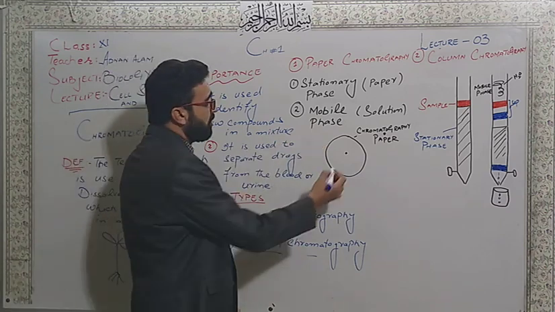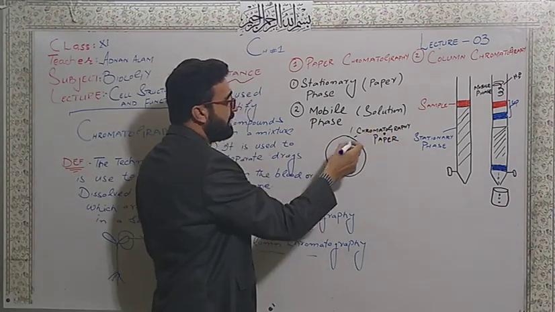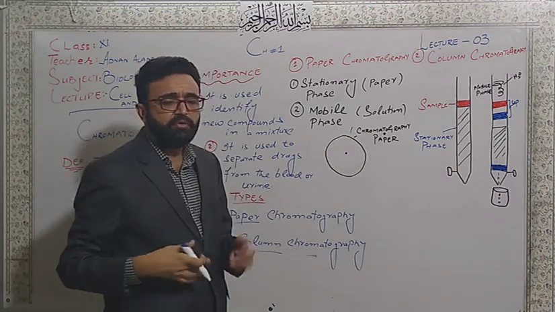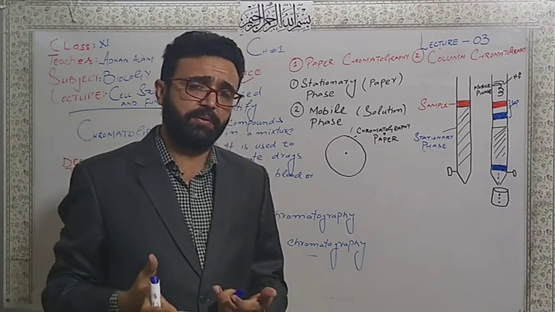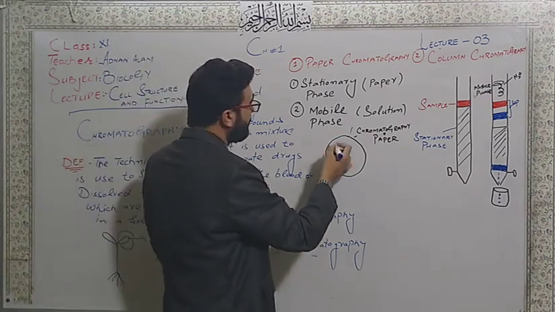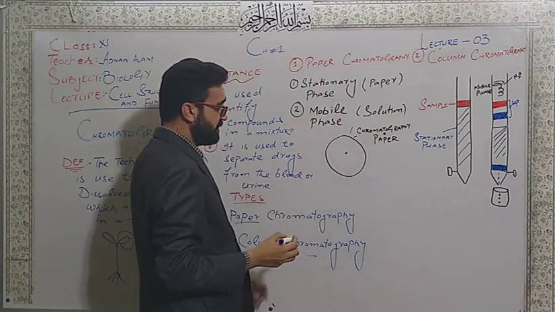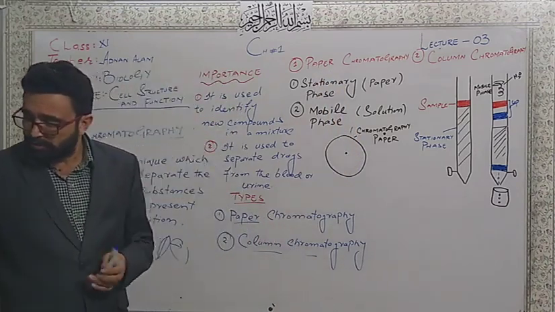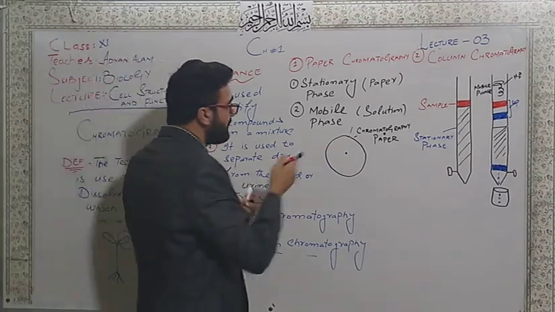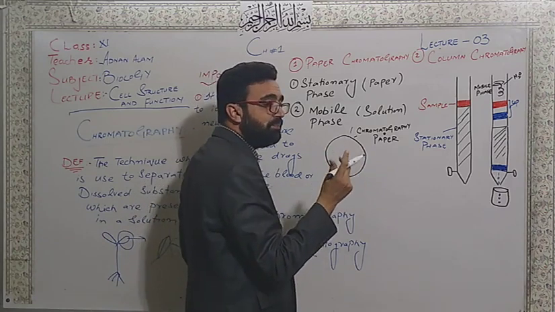In paper chromatography, we get a paper which is called chromatography paper. We can also use filter paper as chromatography paper. This paper is actually the stationary phase. What we do is, for example, we want to find out what different compounds are present in black ink.